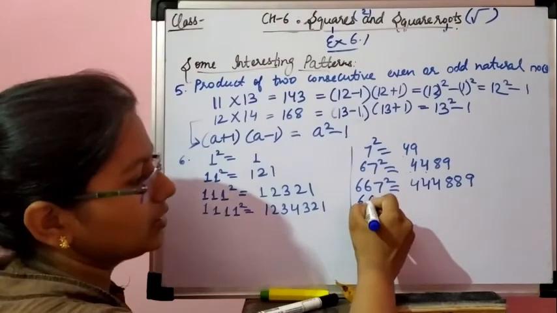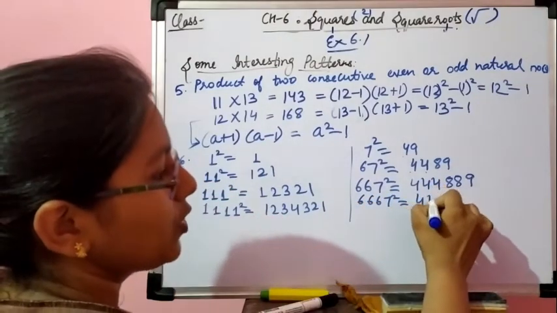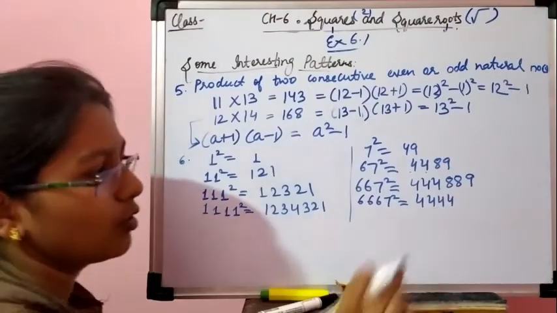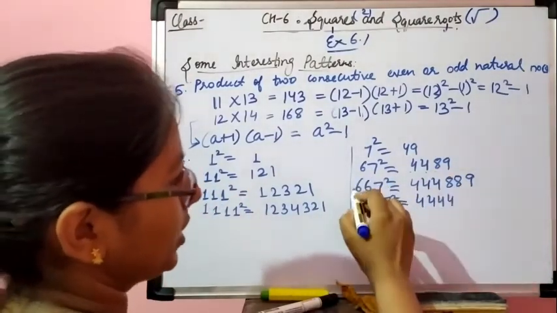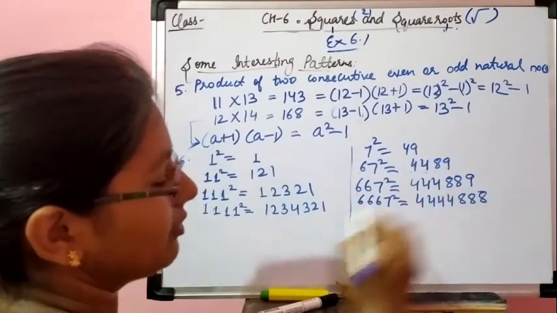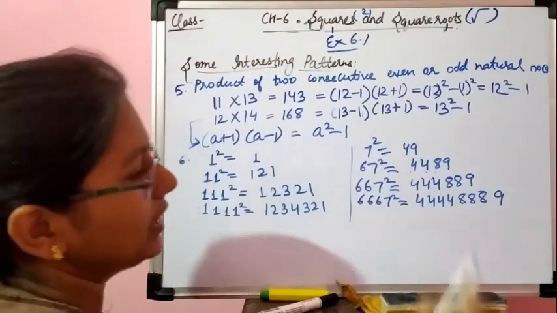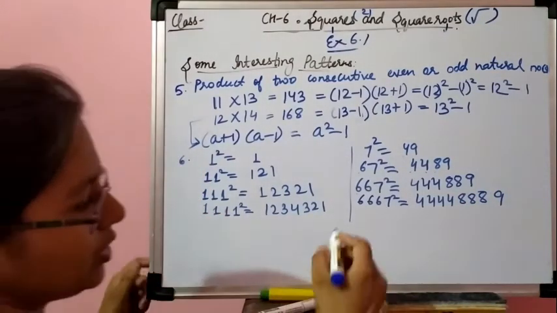Now see, 667 square. Now two 6s are there, so three 4s will come, and one 6, so one 8. Three 6s, so four 4s, and two 8s. Three 6s, so three 8s will be there, and at the end it will be 9. So in this way, without doing any calculation, we can find out.